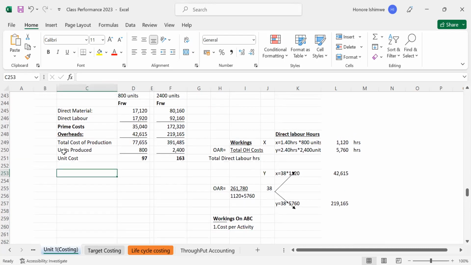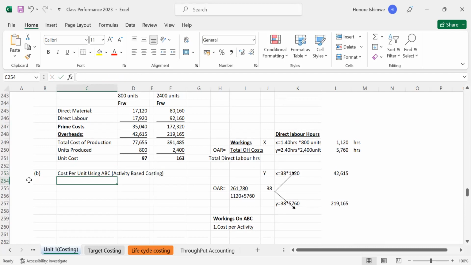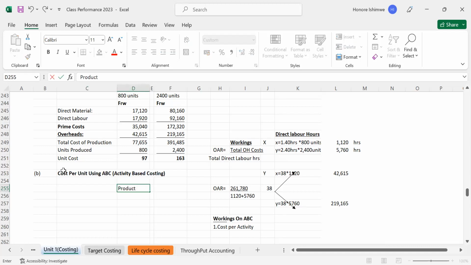I'm going to answer part B, cost per unit using ABC, which is known as activity-based costing. Now, I said we have product X, and product Y as per the question.